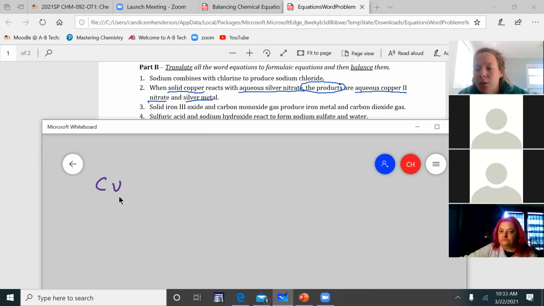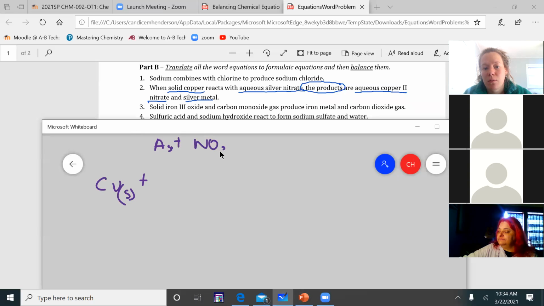Ask yourself, is copper a diatomic molecule? No, none of the metals are. It says it's solid, so I'm going to add that little S in there. Reacts with aqueous silver nitrate. So for silver nitrate, you go silver with a plus charge, nitrate with a minus charge, flip-flop, it's a 1-to-1. So AgNO3, and it says it's aqueous.